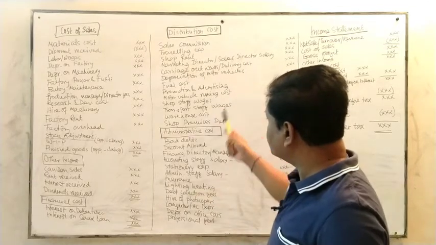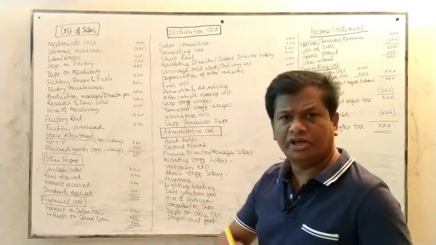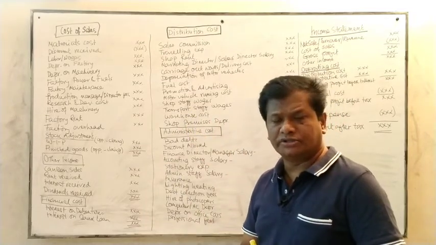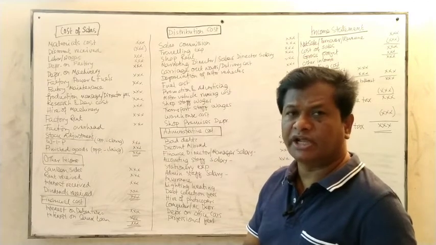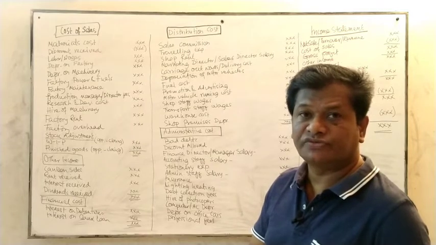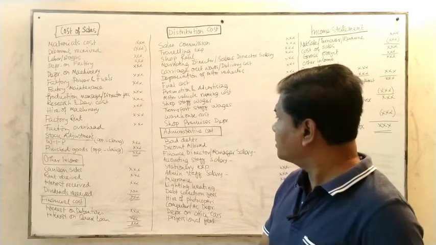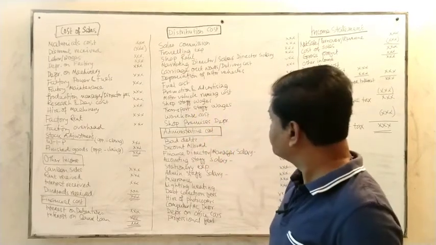Again, shop staff wages. Maybe if you have a lot of outlets, a lot of showrooms, then obviously there are sales managers as well as sales staff. Their salary and other allowances, fringe benefits are written as shop staff wages.